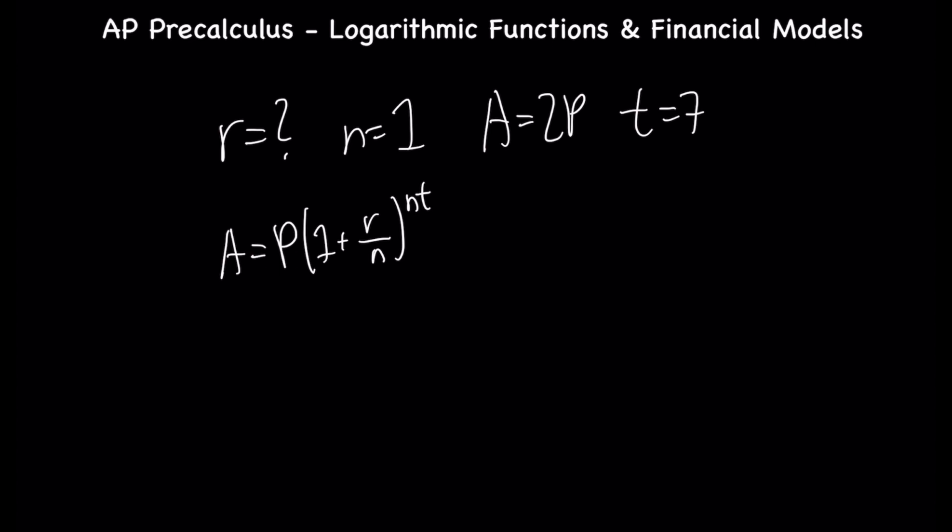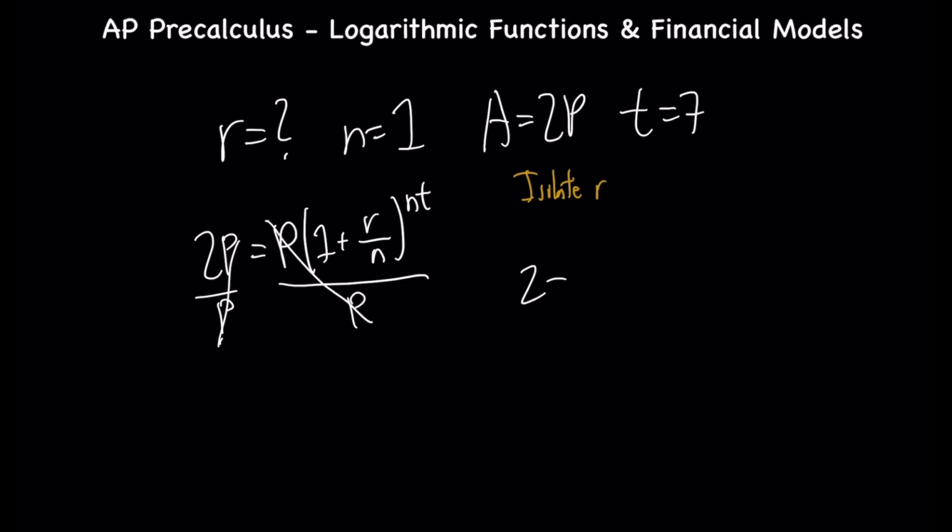You can substitute A for 2P because A is equal to 2P, as we can see from what we're given. Essentially, you want to isolate r, this variable. Let's go ahead and do that. You divide by P on both sides. This cancels out.